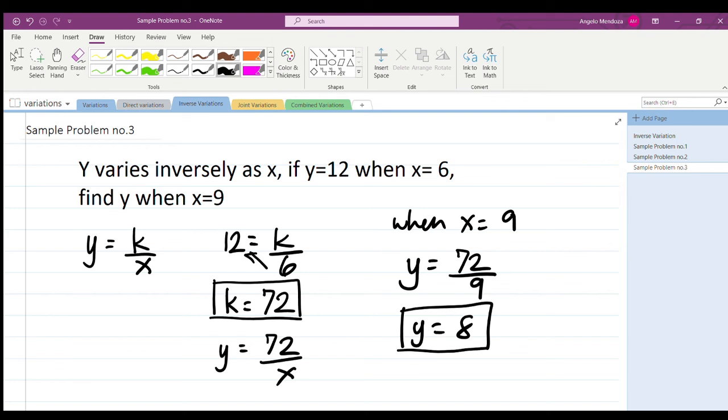You first write the equation, then solve for the constant, write the equation, and then solve for whatever the missing variable is. Hopefully it is already clear to you, the topic of inverse variation.